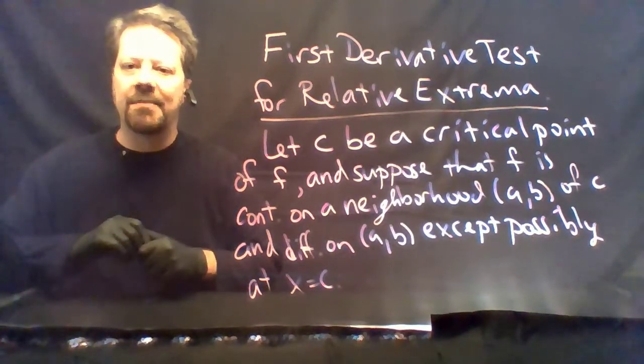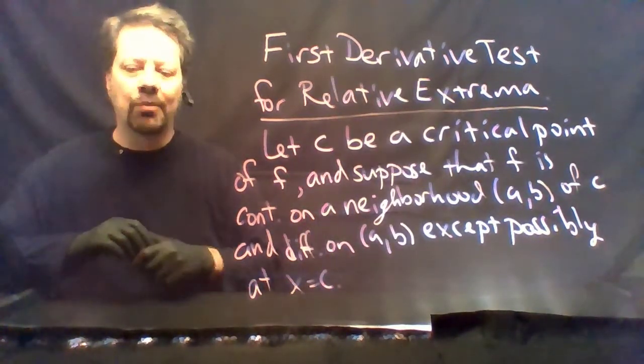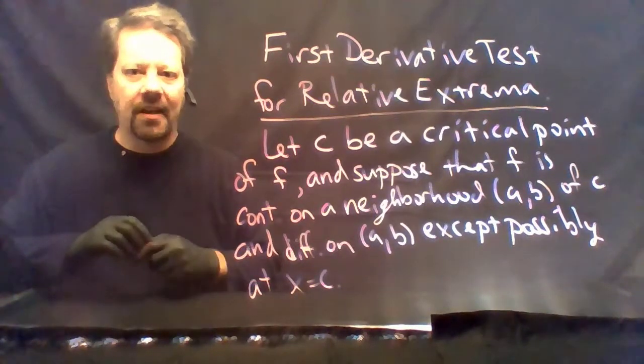We're allowing for the possibility that c is a critical point where the derivative is undefined.